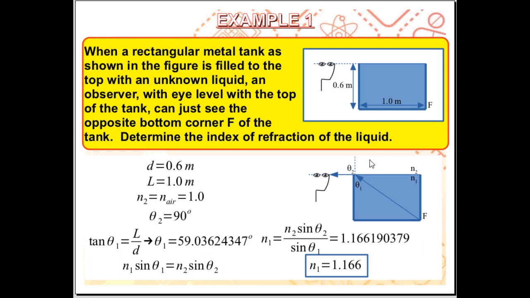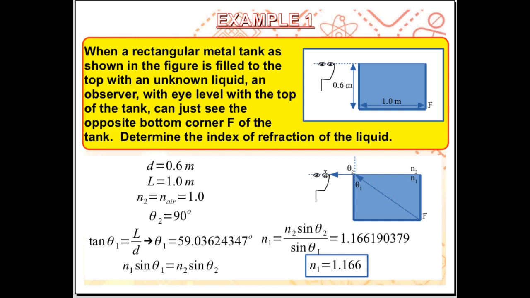So what happens is, light from the bottom corner F will travel towards the opposite corner and then go from the liquid to the air. The light will refract until it reaches the eyes of the observer.